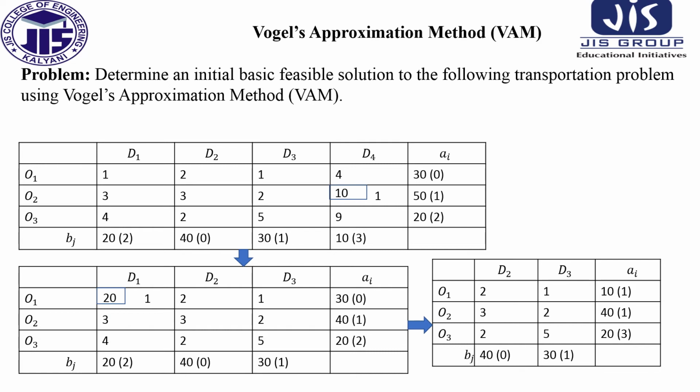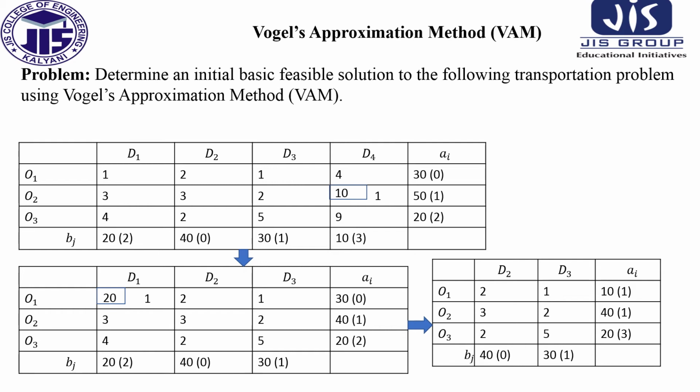So see, for the O1 row, this is 1 minus 1, 0. For the O2 row, this is 3 minus 2, this is 1. For the O3 row, this is 4 minus 2, this is 2. For the D1 column, this is 3 minus 1, 2. This is 2 minus 2, this is 0. And this is 2 minus 1, this will be 1.